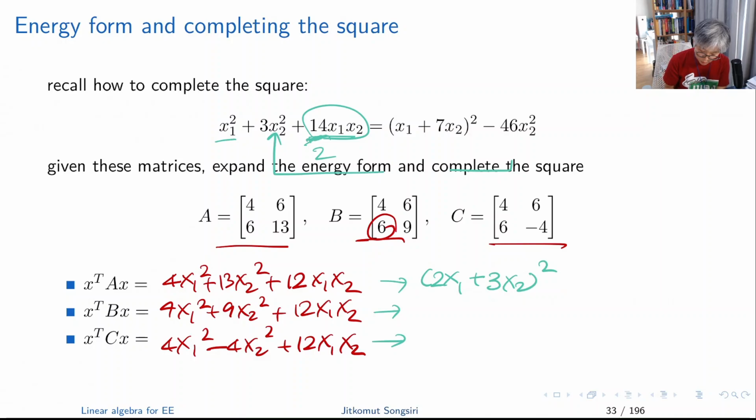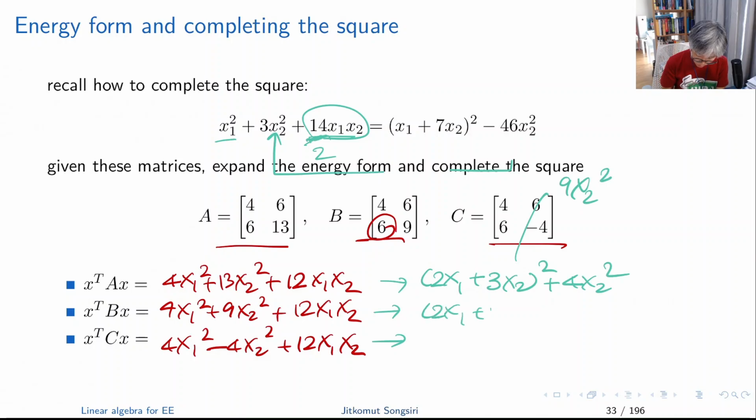Now let's check how to make it equal. From this, it's going to give you 9x2 squared, but originally you have 13, so you must add 4x2 squared.